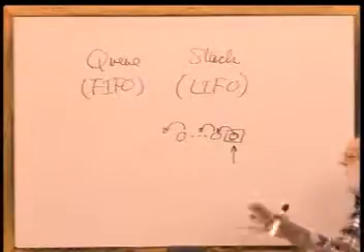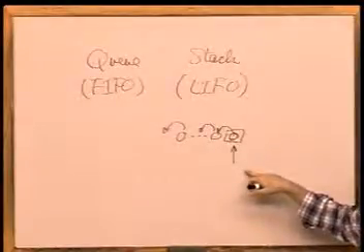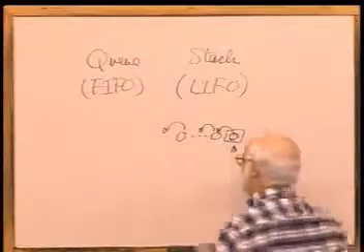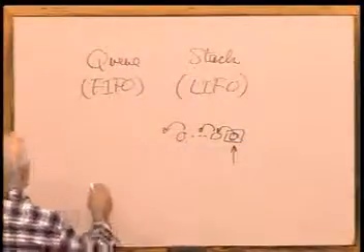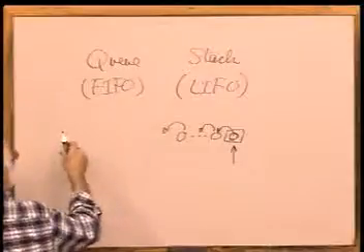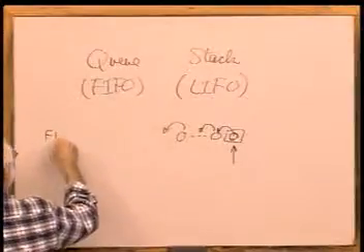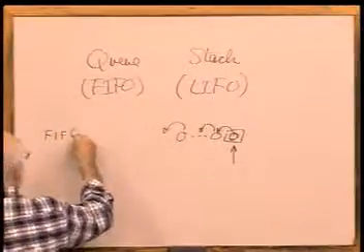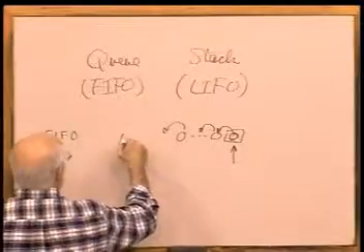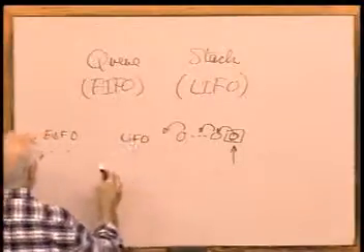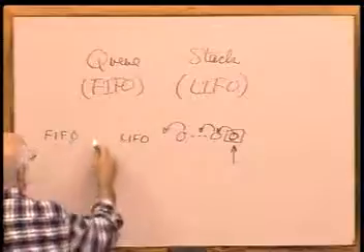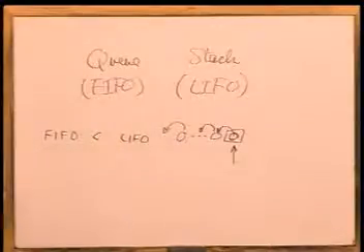So what's the ultimate effect? There's several possibilities. We write them down. Let's see. One is that FIFO is better. Let's see here, FIFO and LIFO. So one possibility is that the waiting times in FIFO are less than LIFO.